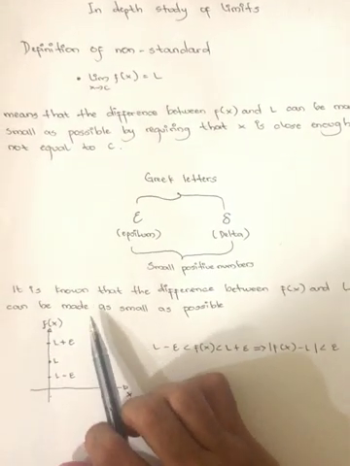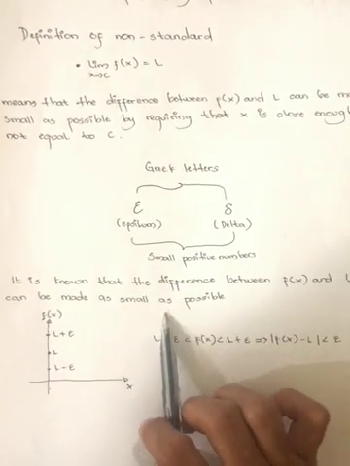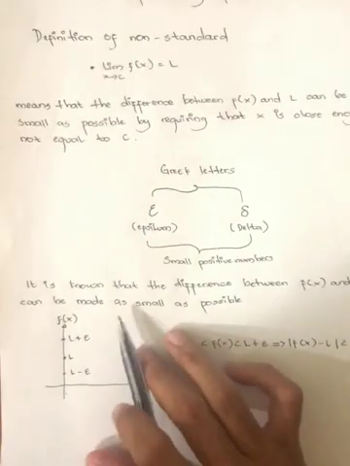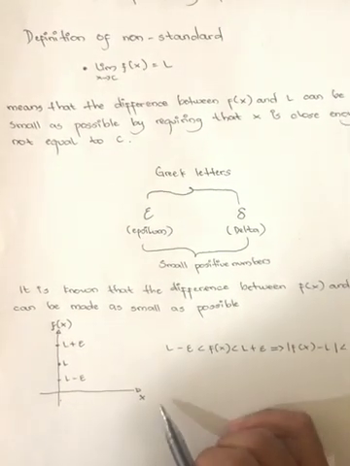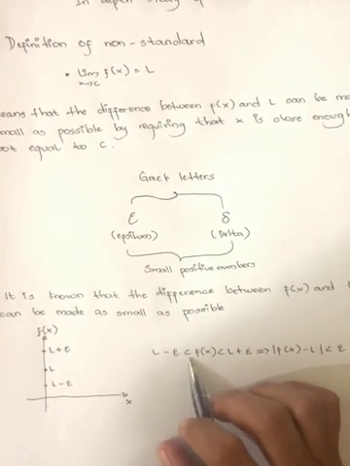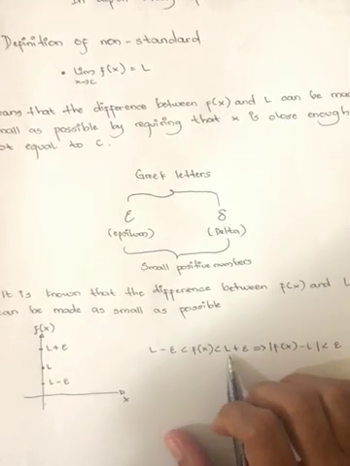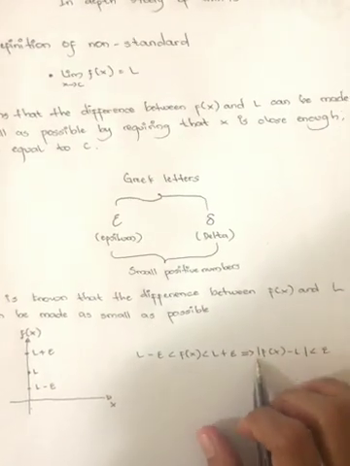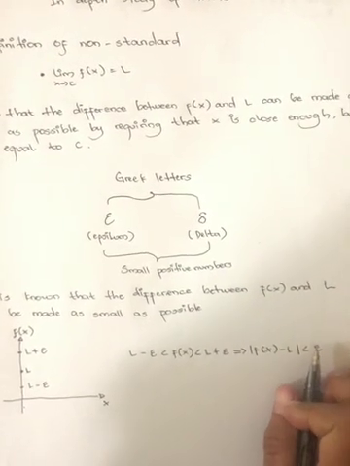It is known that the difference between f(x) and L can be made as small as possible. Here's the graphic. This line represents f(x), and this line represents x. L minus epsilon less than f(x) less than L plus epsilon equals the absolute value of f(x) minus L less than epsilon.